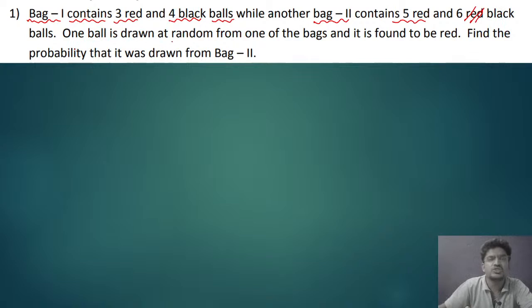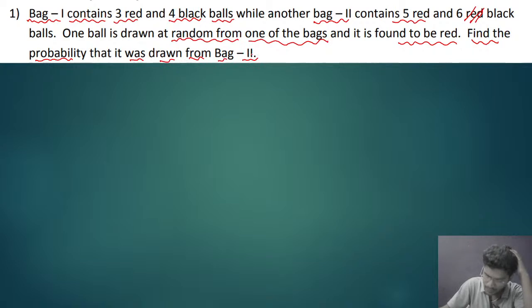One ball is drawn at random from one of the bags and found to be red. Find the probability that it was drawn from bag 2.